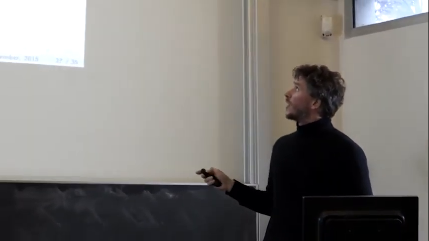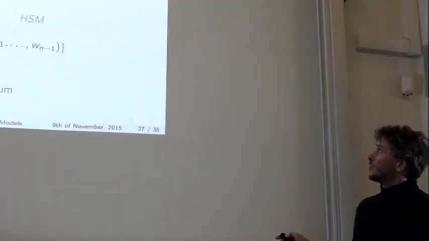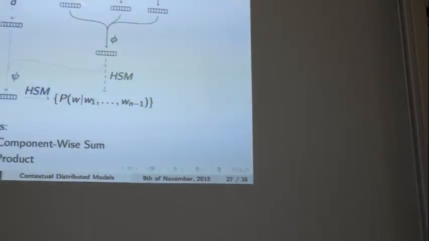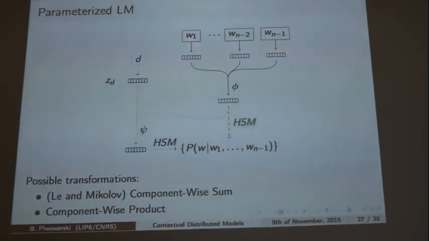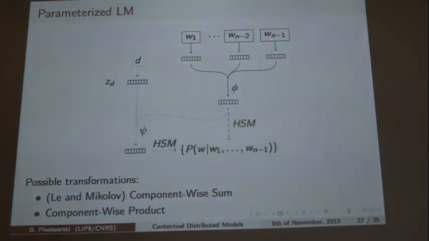The setting is just a convolutional setting, where I have a first function phi that computes a state vector given the n previous words before the word I want to predict.